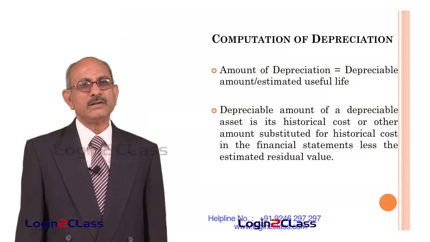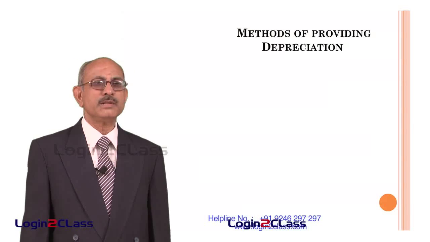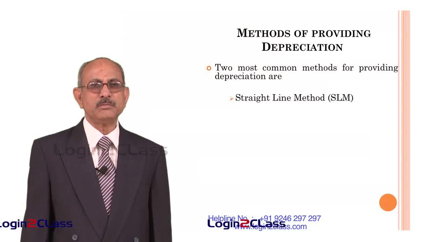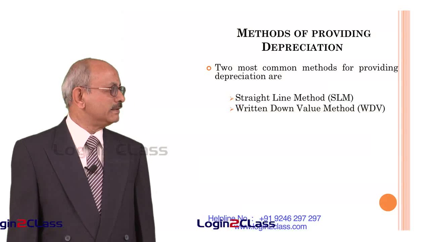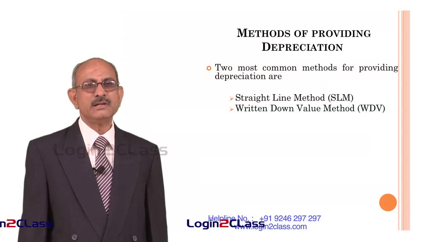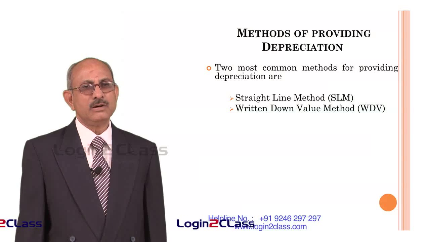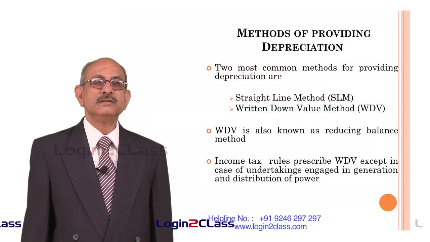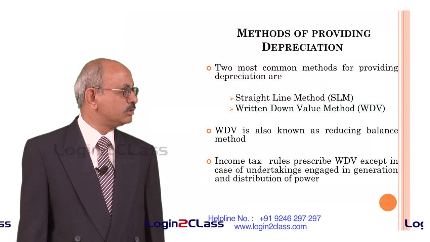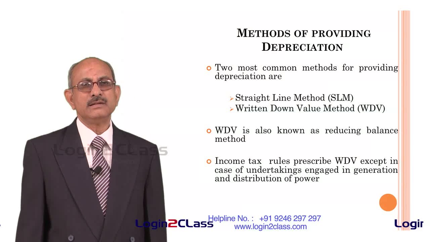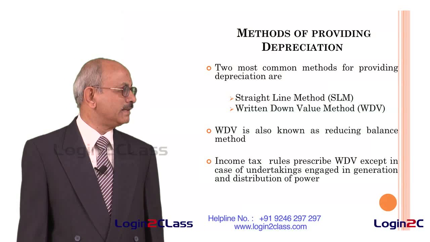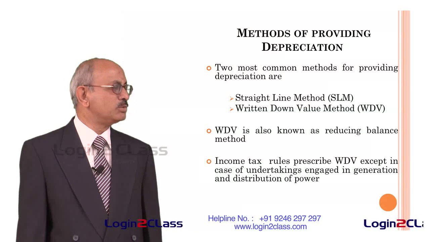And for calculation of depreciation, there are different methods. Two of the most important methods are, one is called the straight line method, also known as the SLM. Second is called the written down value method, called the WDV method, also known as the reducing balance method. In the case of income tax, the rules prescribe the WDV method for accounting for depreciation, except in cases of undertakings engaged in the generation and distribution of power.